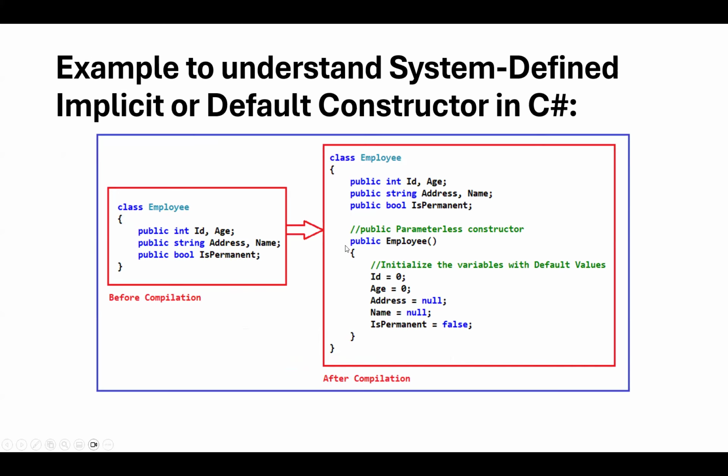So our compiler adds the default constructor and initializes each variable with its default value. The compiler can provide only a default constructor, and if you need something special for your constructor, you must create your own.